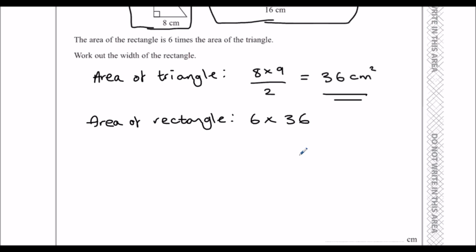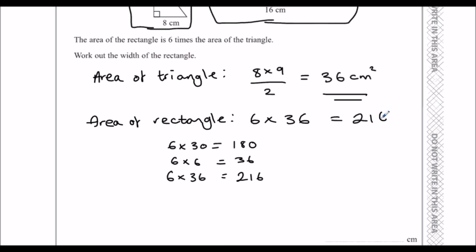So 6 times 30 is 6 times 3 with a 0 added on. And 6 times 6 is 36. So that means 6 times 36 must be these two added up, 216. So the area of the rectangle is 216 centimeters squared.